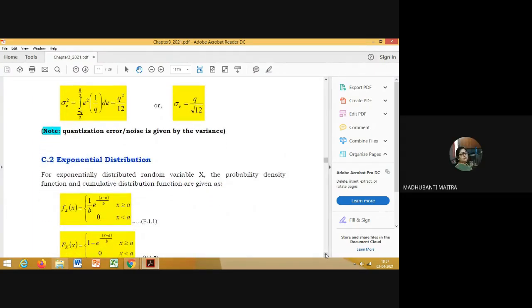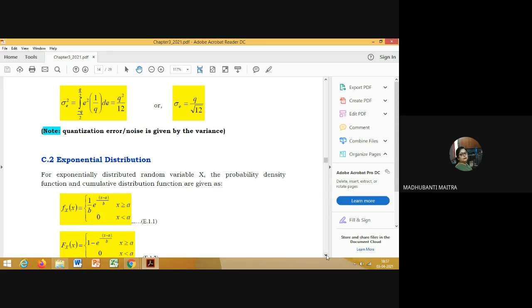Next one is exponential distribution. Right? So for exponentially distributed random variable x, the probability density function and the cumulative distribution functions are given as, first the density function fx, that is equal to 1 by b e to the power minus x minus a by b for x greater than or equal to a and 0 otherwise.